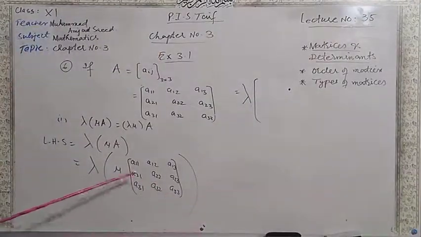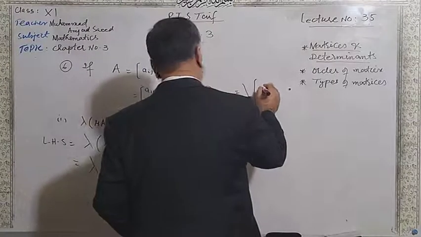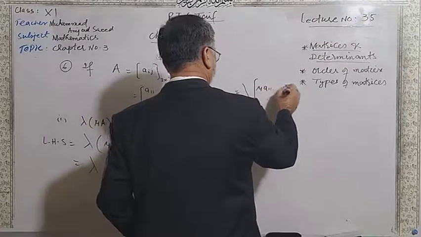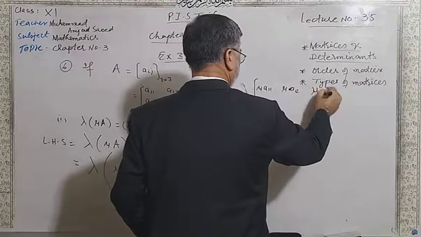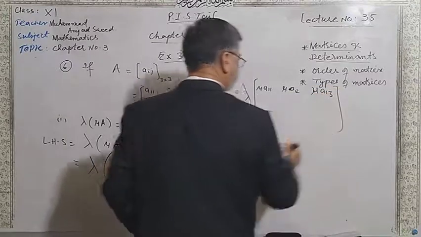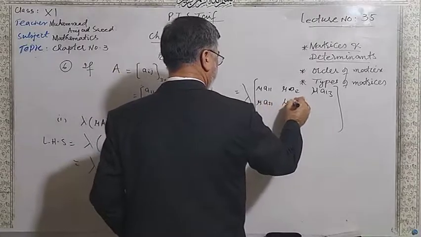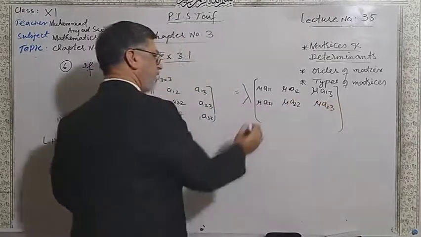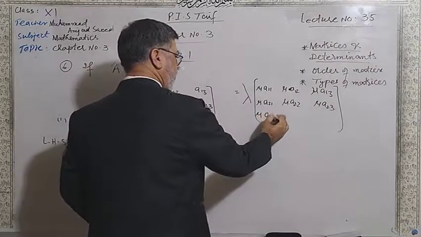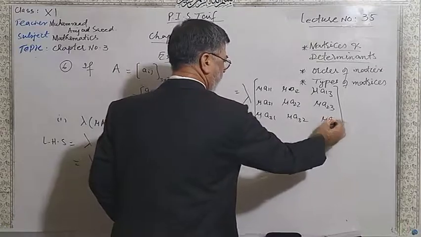Take this mu inside and multiply every element by mu. Mu A11, mu A12, mu A13. Similarly, mu A21, mu A22, mu A23, mu A31, mu A32, mu A33.